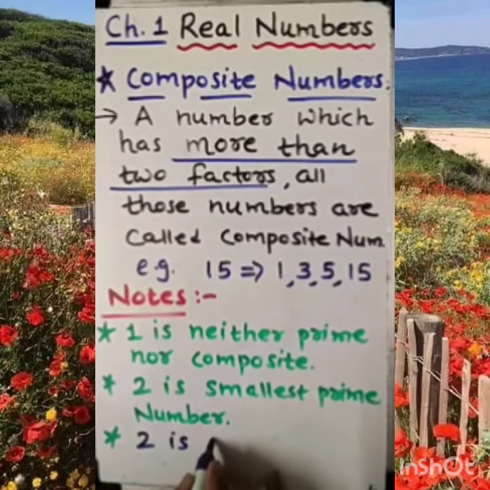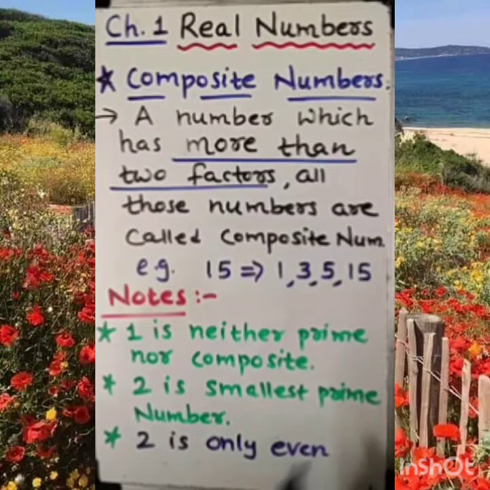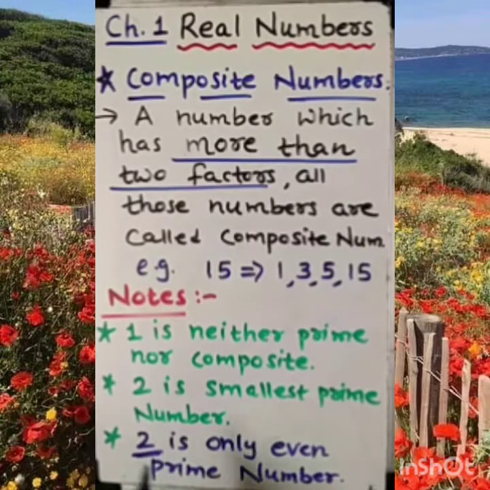That is even also and prime also. No number except 2 is even and also prime. All the rest of the prime numbers are odd except this 2. Clear to you? So this is a very important fact.